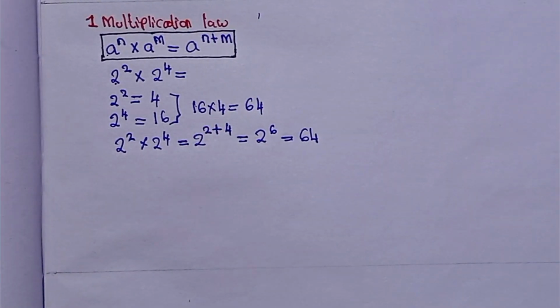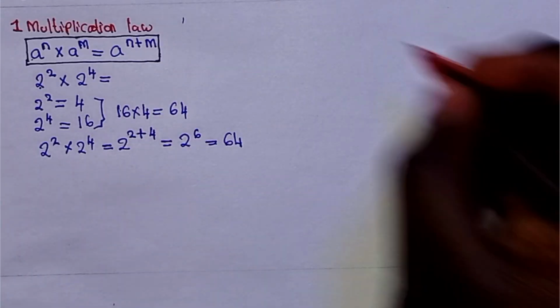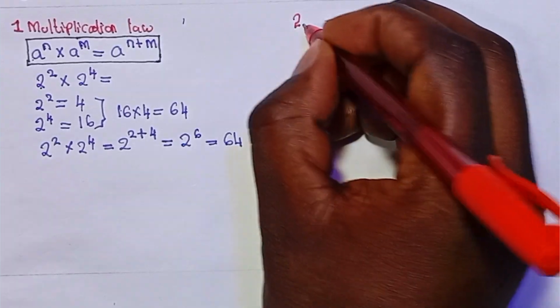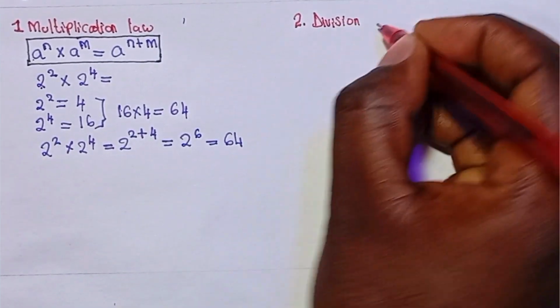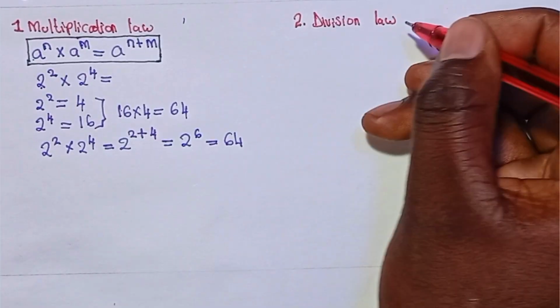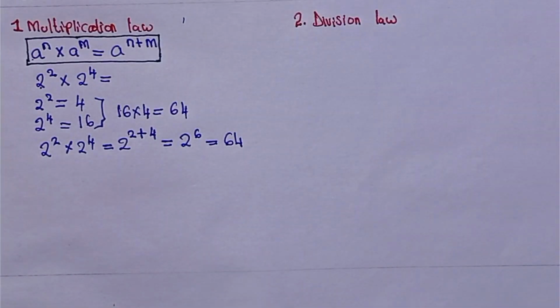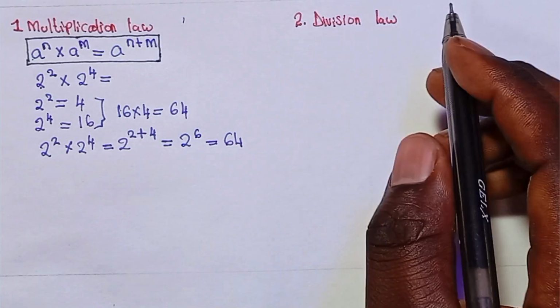So let's go to the other one, that is the division law. So the division law is not very different from the multiplication law. Basically, if you have a division, it just means the opposite.